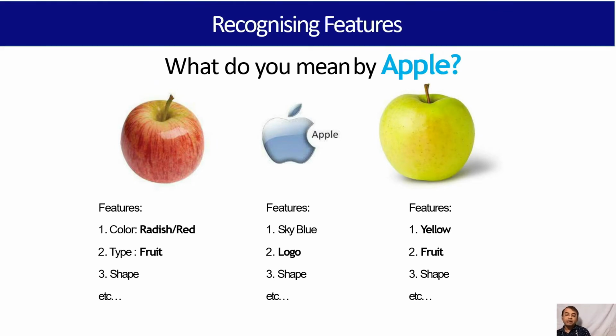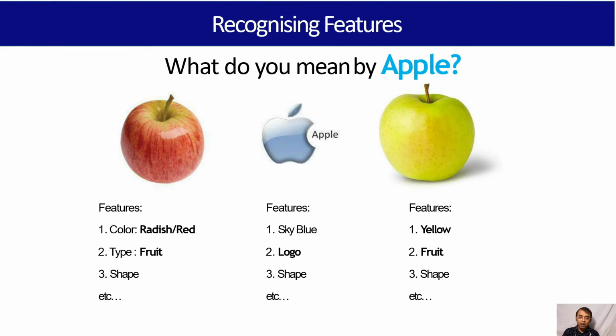How to recognize features? Can you tell me what you mean by apple? You can see the pictures from my presentation. So what are the features? For the red apple, the features may be color, that is reddish or red, the type may be fruit, and the shape will be another feature.